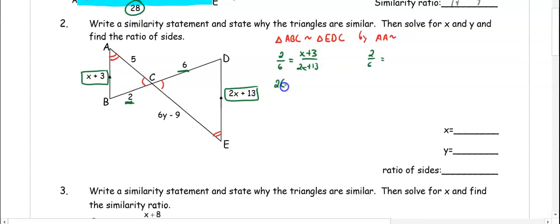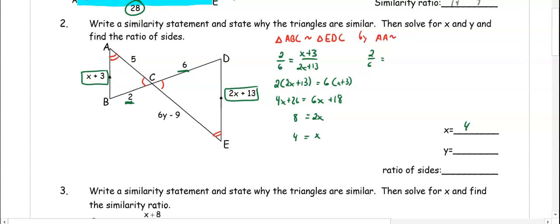So when we cross multiply, 2 times 2x plus 13 equals 6 times x plus 3. That gets us 4x plus 26 equals 6x plus 18. So when we subtract here, we would get 2x equals 8, divide, so x is 4.